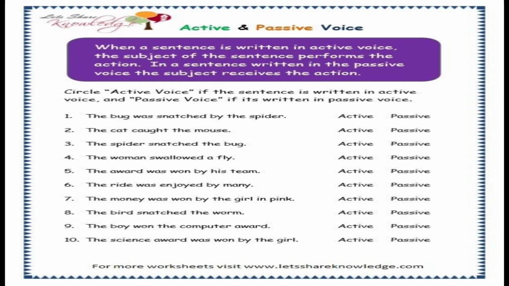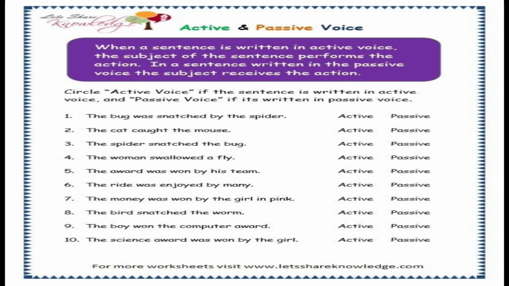Question number 6, my dear students, the ride was enjoyed by many. Was enjoyed, was plus V3. So it is also passive, circle passive. 7, the money was won by the girl in pink. Was won by, so it is also passive.